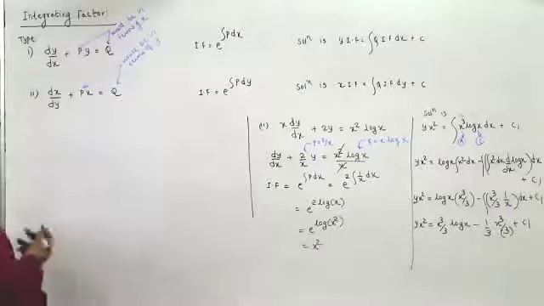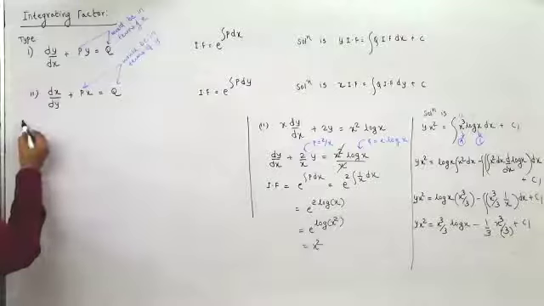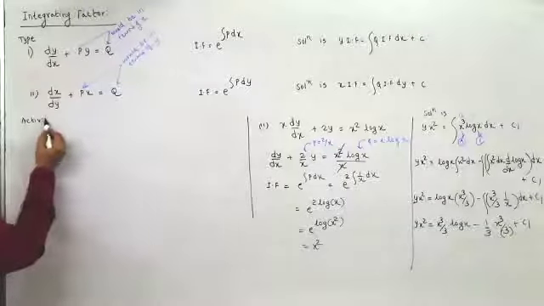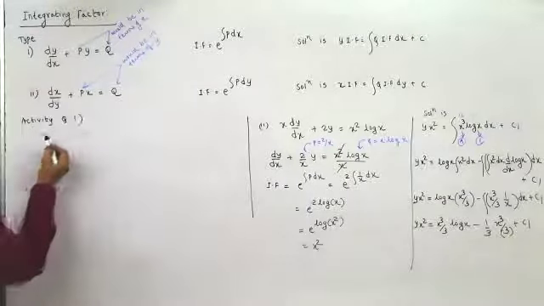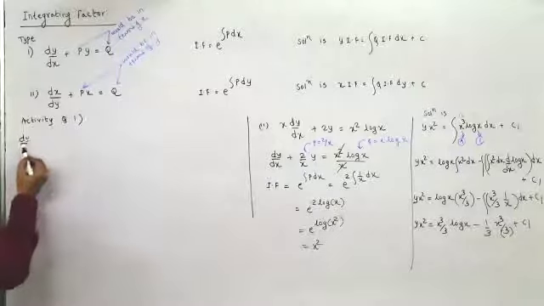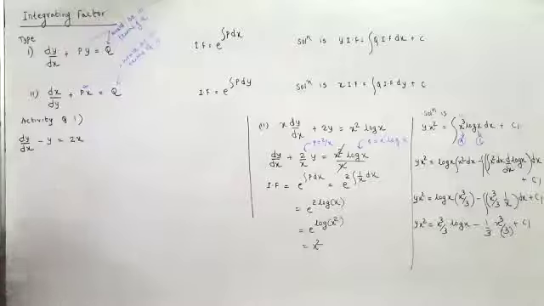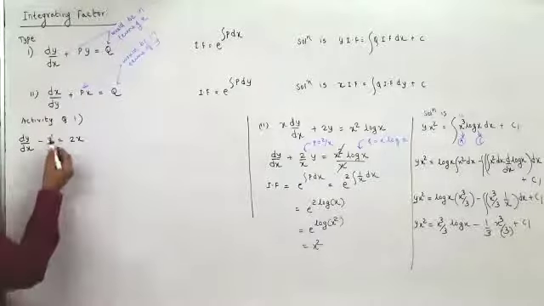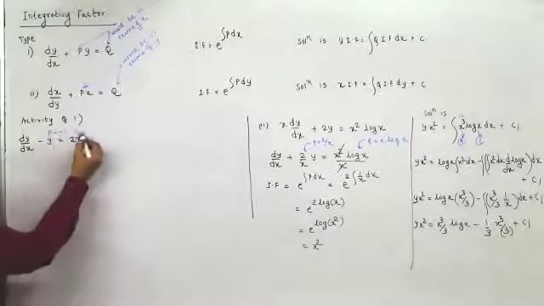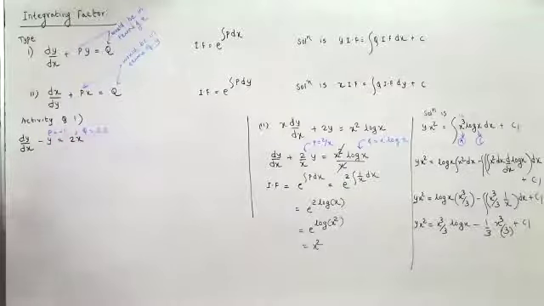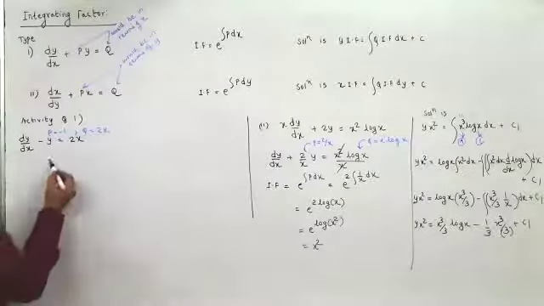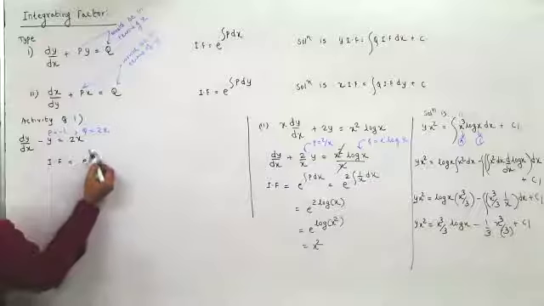I take up the next problem here, that is activity question number 1. Here dy by dx minus y equal to 2x. So p is minus 1 and q is 2x. Integration factor would be e raised to the integral of p dx.